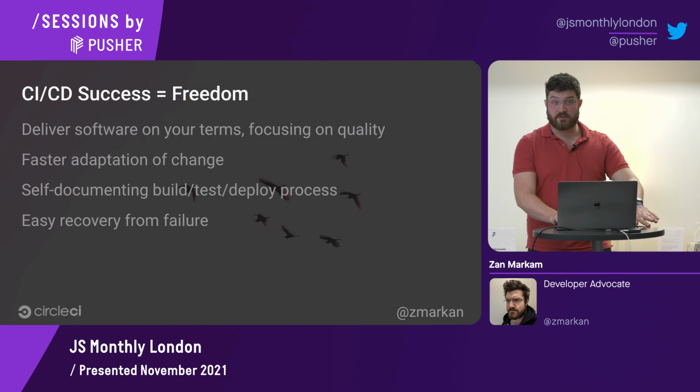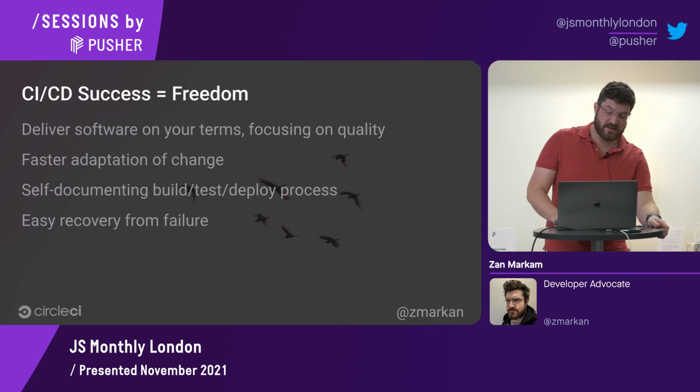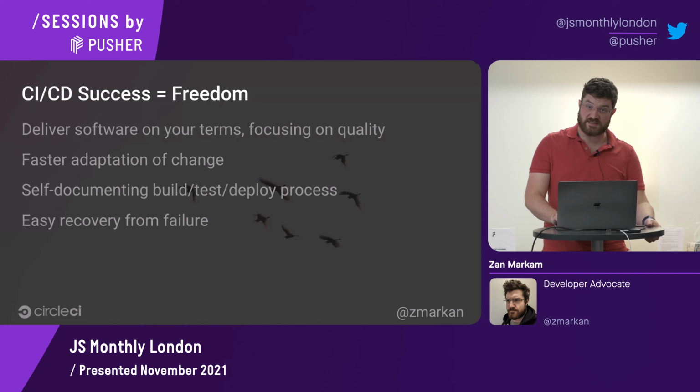It also allows our organizations to ship things faster and adapt to change in the world faster, which is beneficial, to say the least. And you get a few things for free as well, like a self-documenting release process, which is very useful if teams change, and also being able to recover from failures.